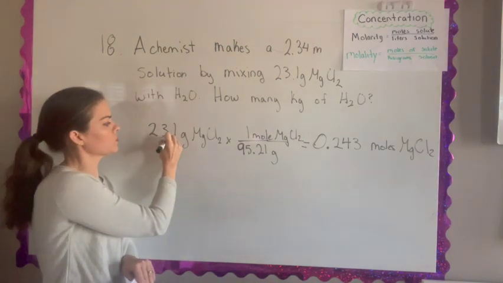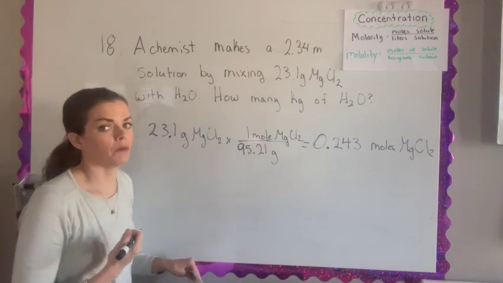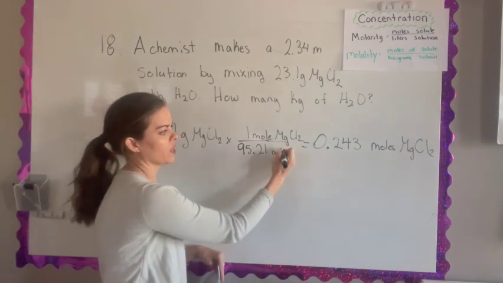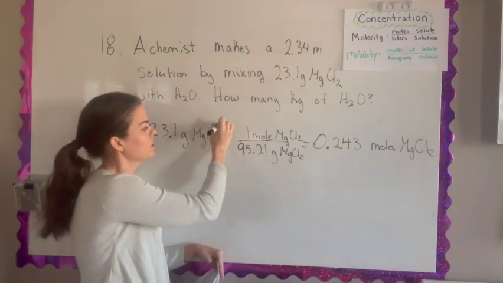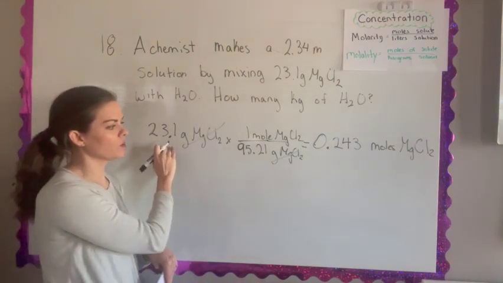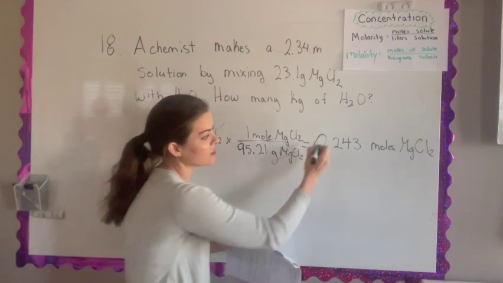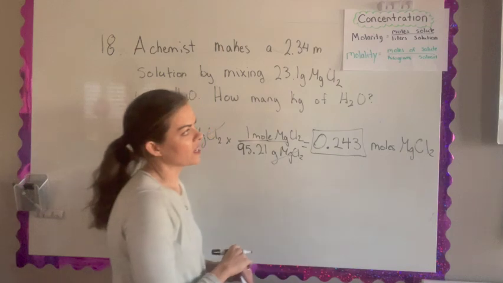I've got 23.1 grams of magnesium chloride. From adding up the masses on the periodic table, there's 95.21 grams for every mole of magnesium chloride. Grams cancels out, so I put into my calculator 23.1 divided by 95.21, and I get 0.243 moles of magnesium chloride.